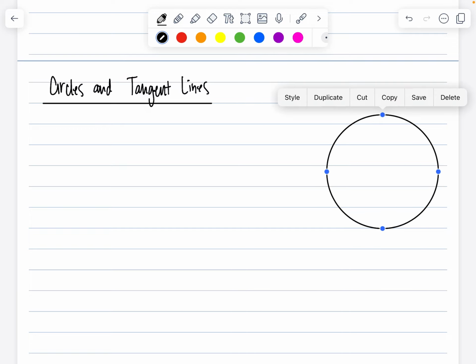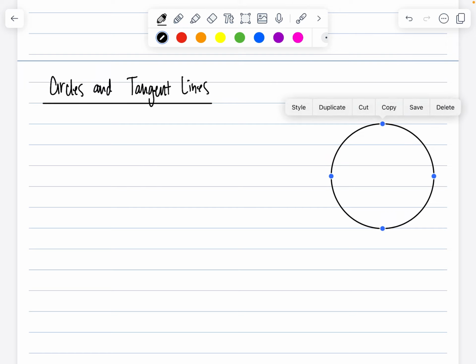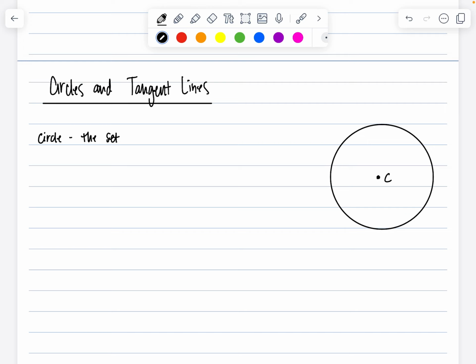So here we're just going to start off with drawing a circle. Every circle can be defined. I'm going to call this C in the center, and a circle is defined as the set of points equidistant to a point, which is the center.